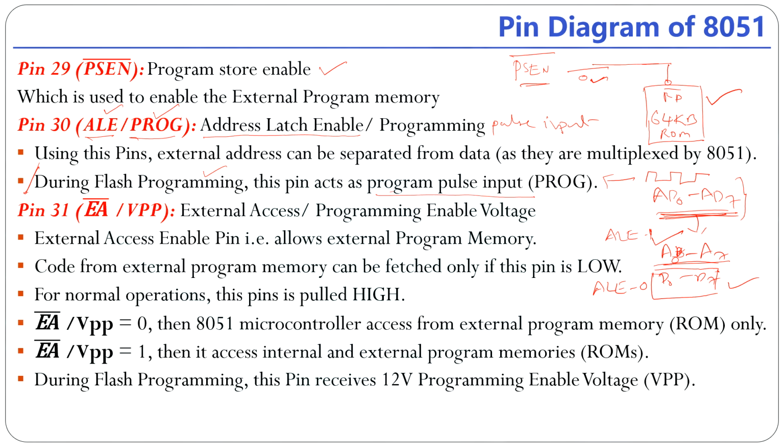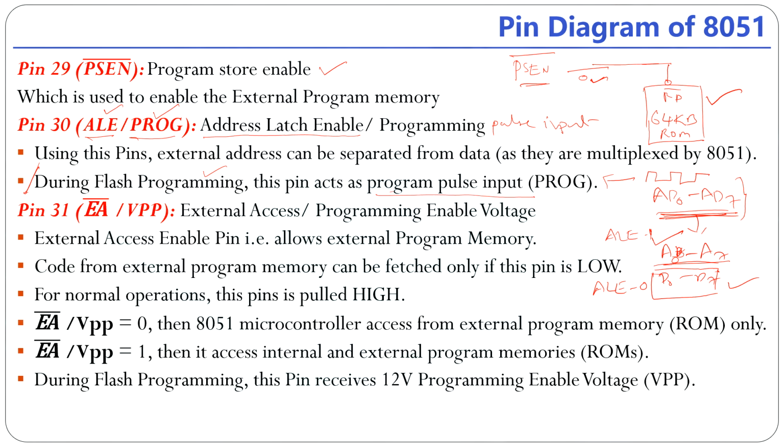While programming the IC, while uploading the code into your IC, the clock pulse is provided through this input only. And this input specifies at what rate you are uploading your code. So this is the operation of the PROG input under flash programming.